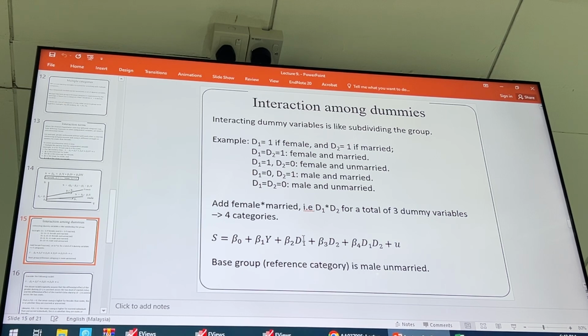So when d1 equals 0 and d2 equals 0, we don't have this. This is the model for male who is unmarried. Because both equal 0, the intercept equals this one, and the slope equals beta 1.